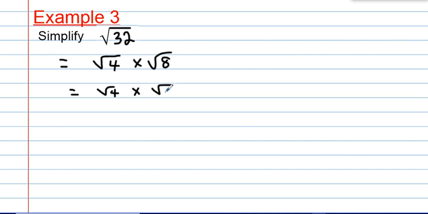So root 4 times root 2, and then we can simplify that: root 4 is 2, times 2 times root 2. 2 times 2 is 4. So that'll give you 4 root 2.